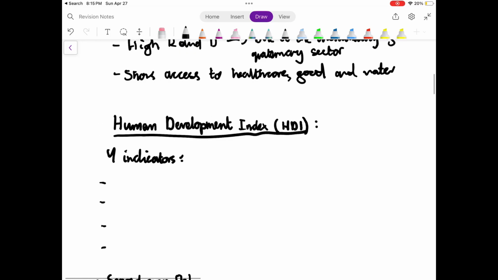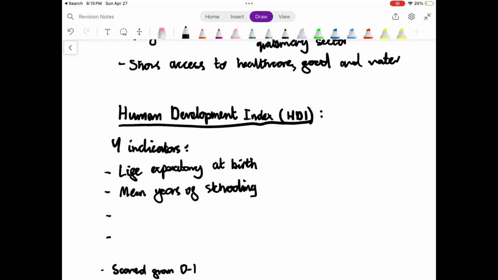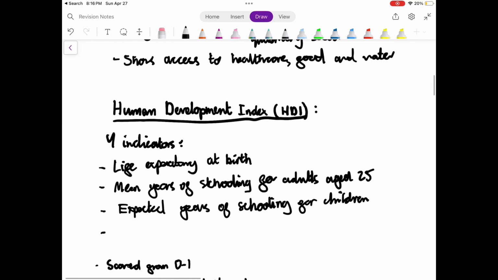The 4 indicators of the HDI that you need to know are life expectancy at birth, mean years of schooling for adults age 25, the expected years of schooling for children, and finally the GNI per capita. And by the way, GNI stands for gross national income per person.